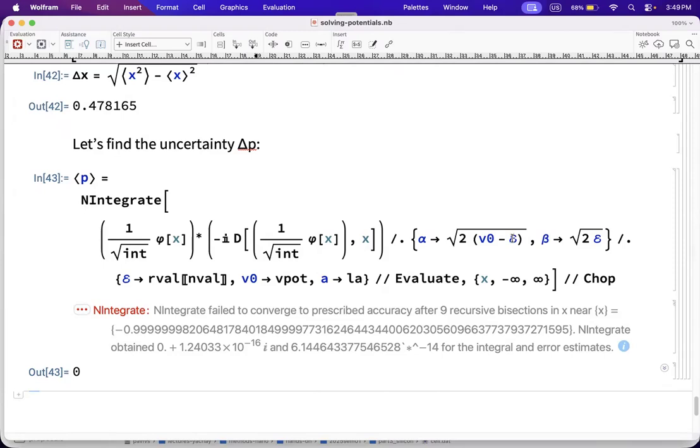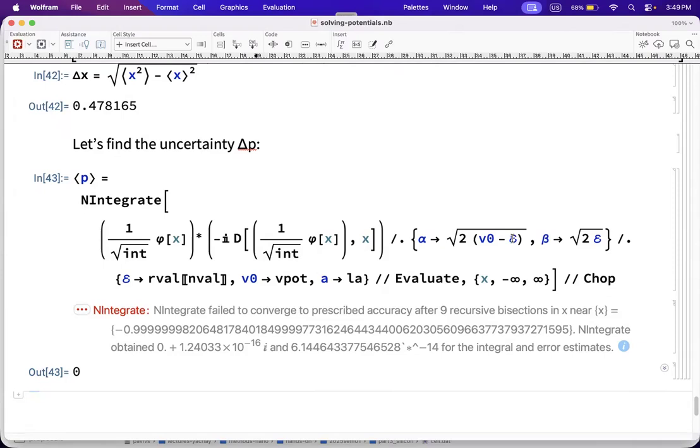This is equal to minus the second derivative with respect to x in atomic units. In other units it will be minus h bar squared.